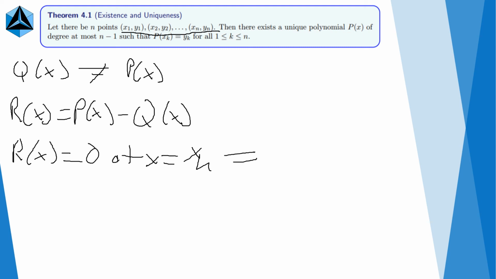And so this means that there are at least n roots of r of x. Because there are at least n roots, this must be a polynomial of degree at least n.